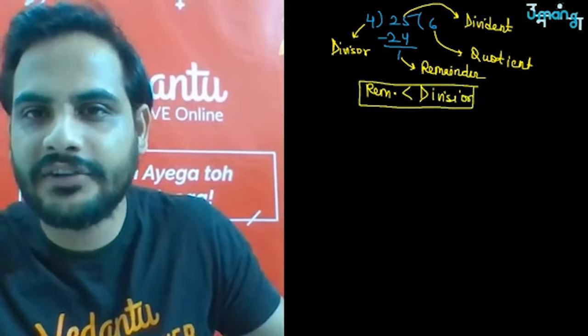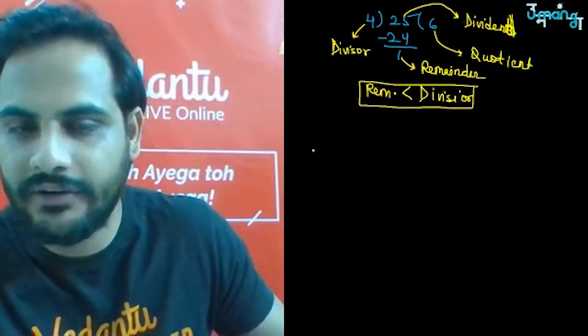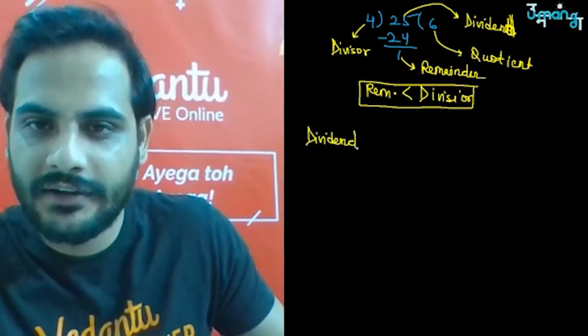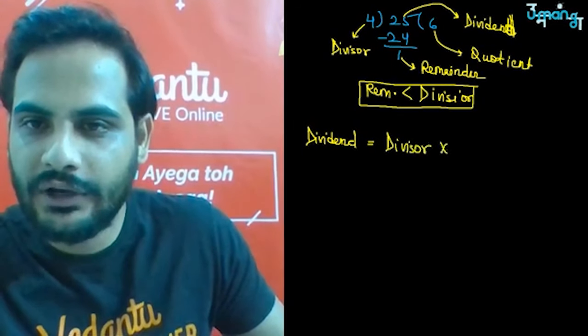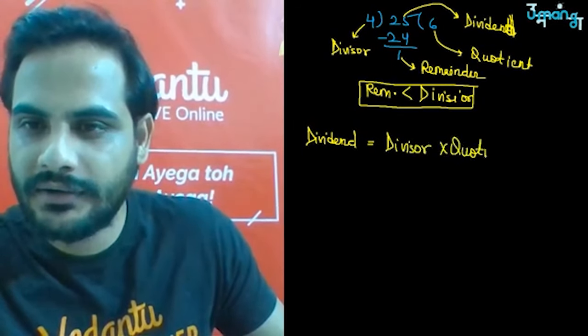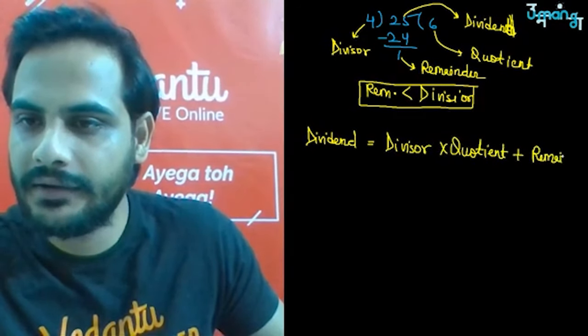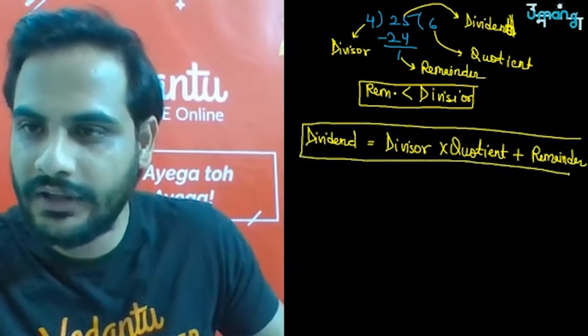Now there is a relationship between all these four quantities. The relationship is: dividend is equal to divisor into quotient plus remainder. This is the relation which all of us know.